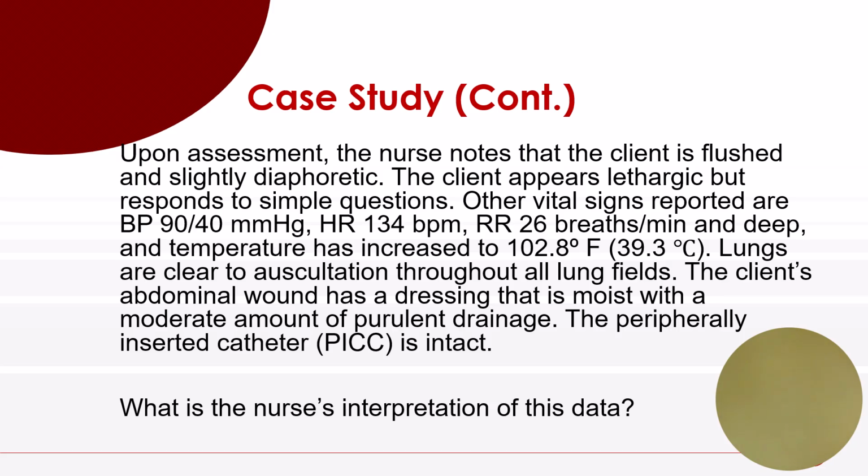The lungs are clear to auscultation through all lung fields. The client's abdominal wound has a dressing that's moist with a moderate amount of purulent drainage. The peripherally inserted catheter, or the PICC line, is intact. So how do we interpret this data?